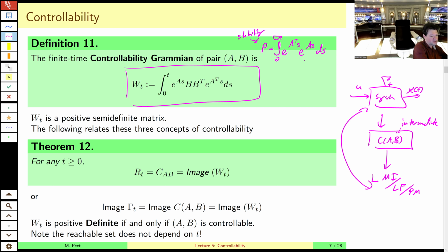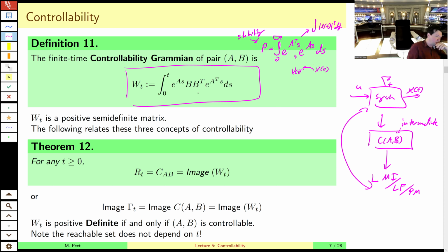So what's different in this case? Well, remember what this was. This was a map from initial condition to x of t, so this whole integral becomes the integral of x of t squared dt. In this case, there are a couple of distinct differences. We've got the transpose on the wrong side, and we've got a B in the middle.